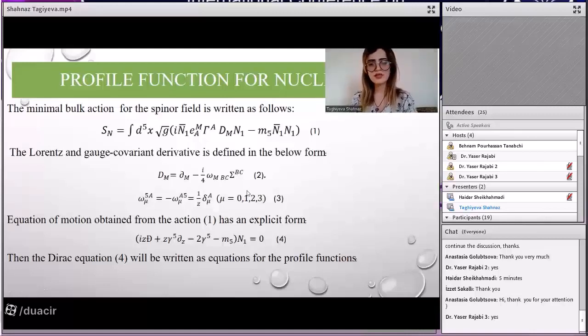And then, if we take into account expressions 2 and 3 and the matrix expression in one action, we get the equation of motion as the formula, and then the Dirac equation will be written as equations for the profile functions.